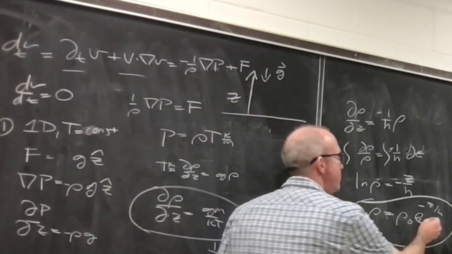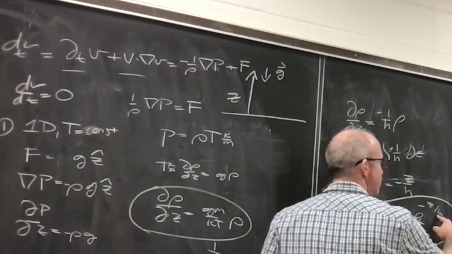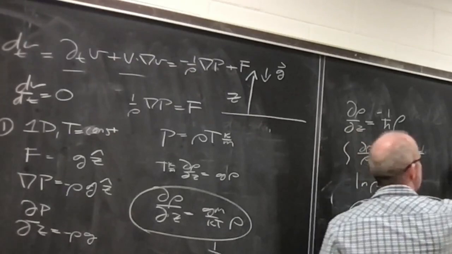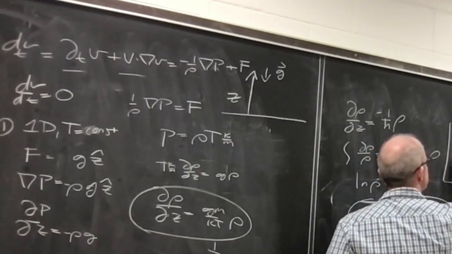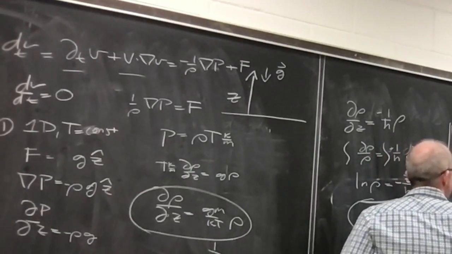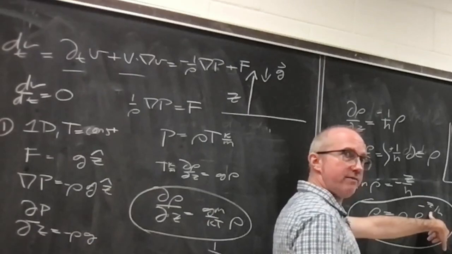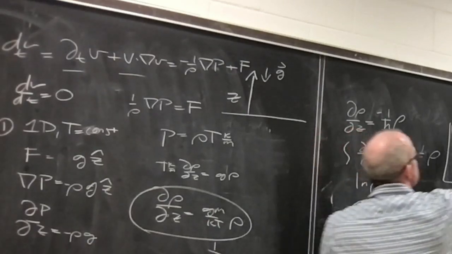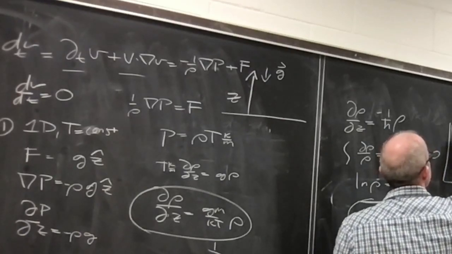Here we see that this h is the scale height, because my density as a function of z falls off exponentially. If I double the scale height, then this falls off half as fast, and I get something that looks like that.